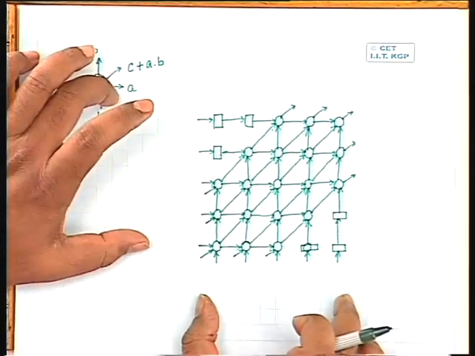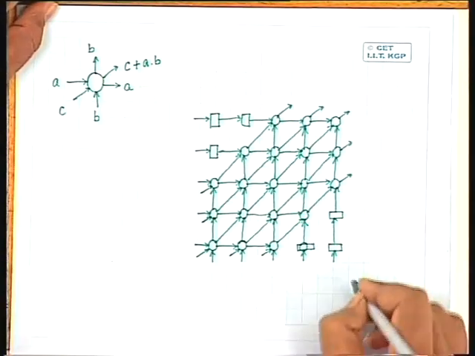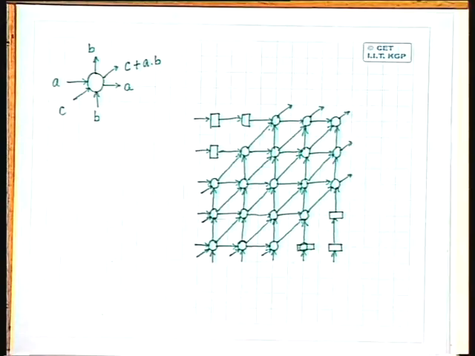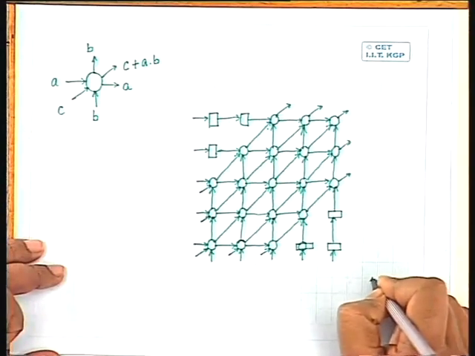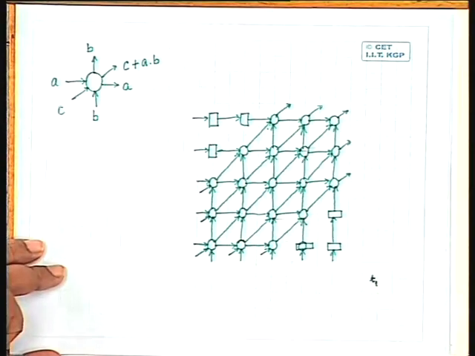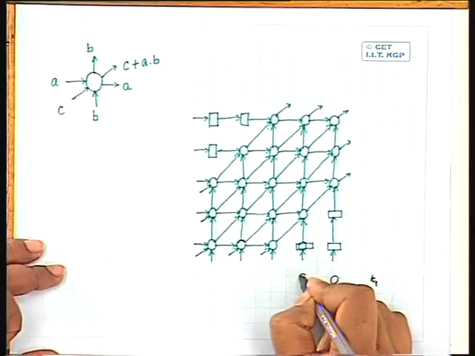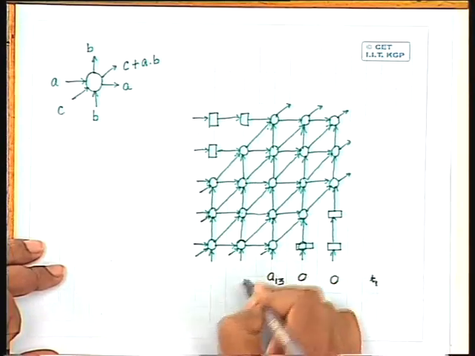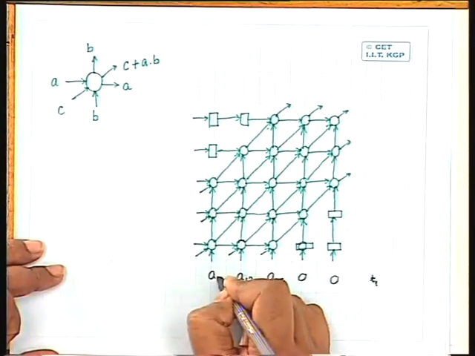Okay. So for feeding the data, we will assume that during time t1, the data that we feed to this vertical input are like this: 0, 0, A13, A12, and A11.